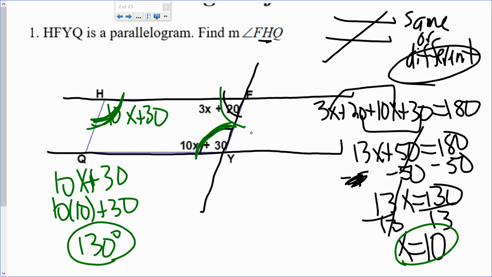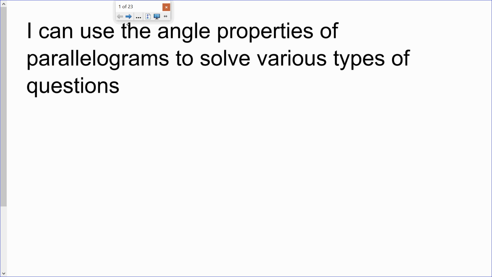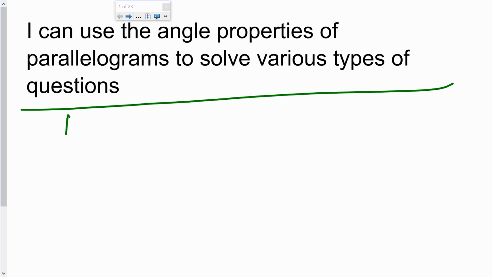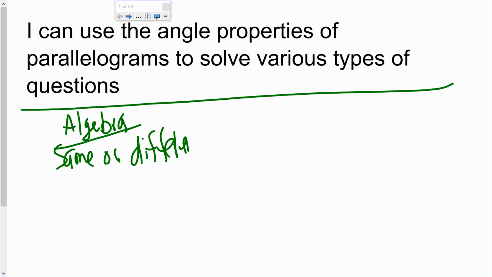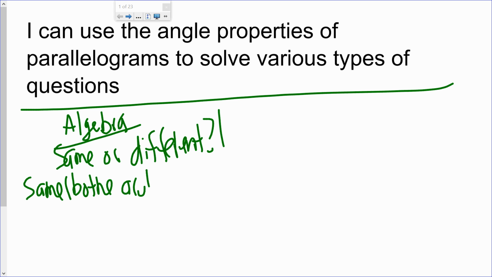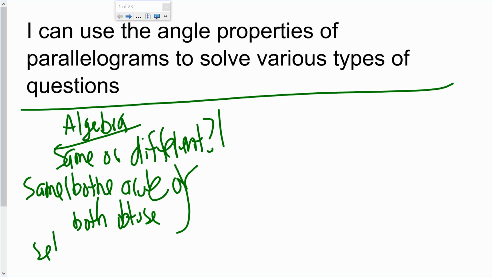So with algebra, let's put the notes somewhere. With algebra, if you have algebraic expressions, ask: same or different? If they're the same, by the same I mean both acute or both obtuse, set them equal.